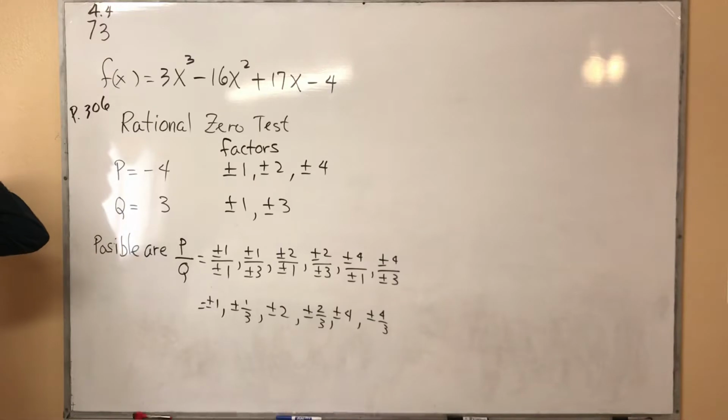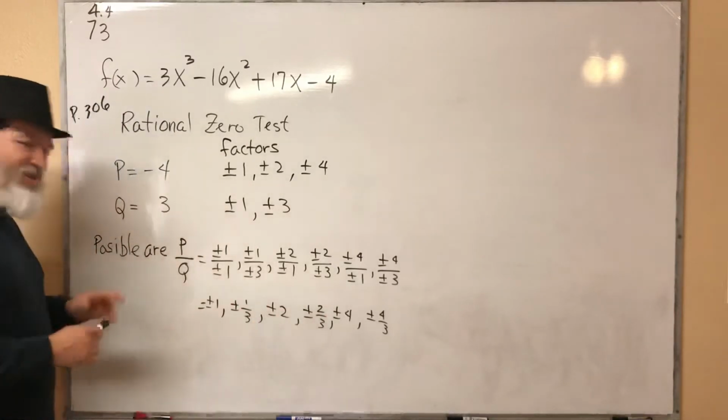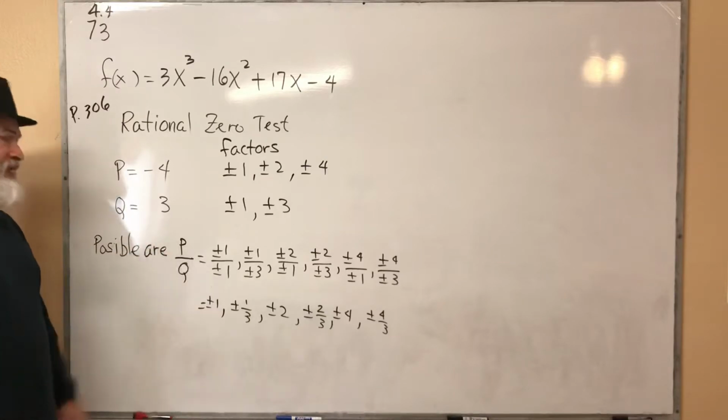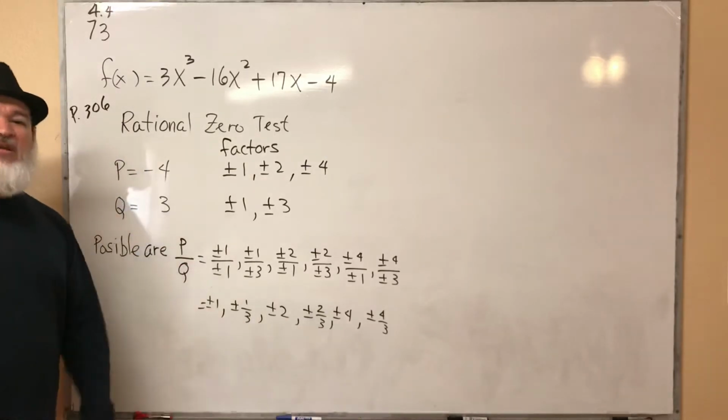Now, how do we check which one of these is a real zero or a real x-intercept? Let's do synthetic division.